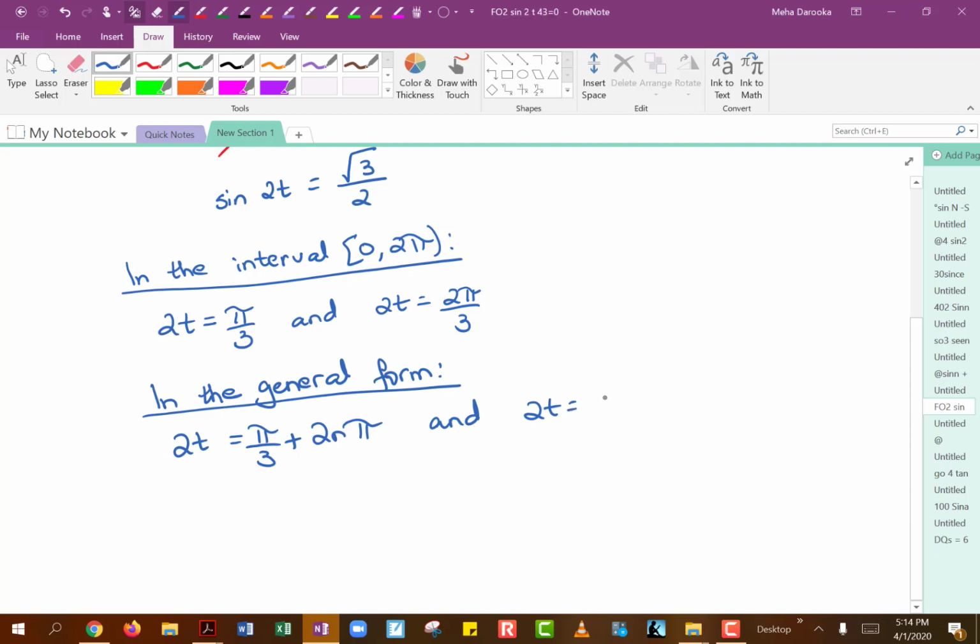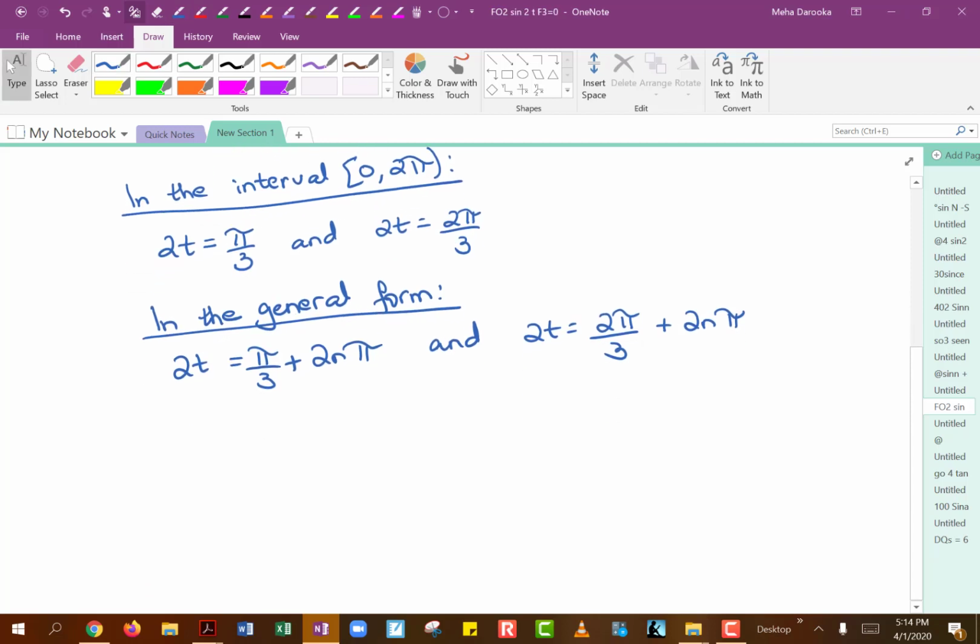Same thing for that other angle, 2 pi over 3, and we would be adding 2n pi. And then to get t by itself, and I'm going to do this in a different color so you can see, we're going to divide all of these basically by 2.